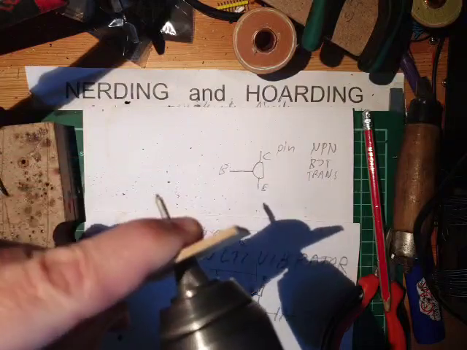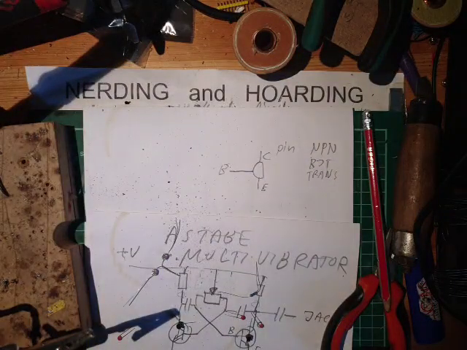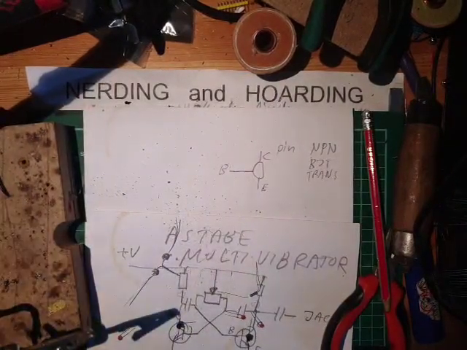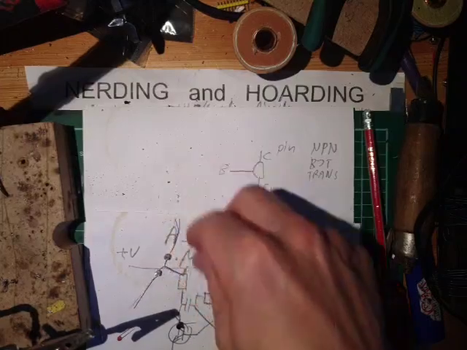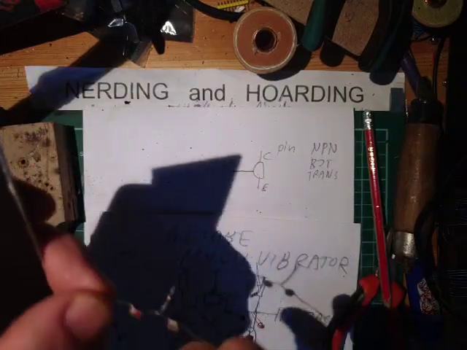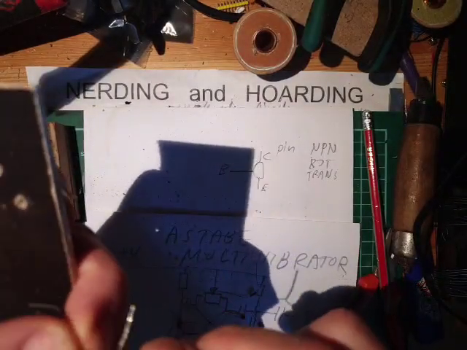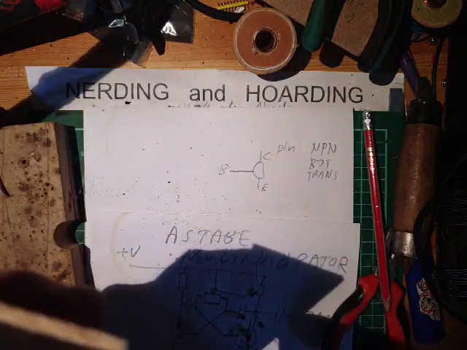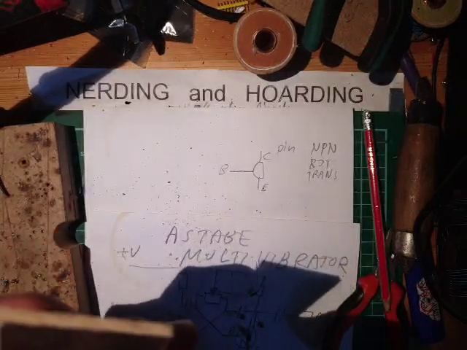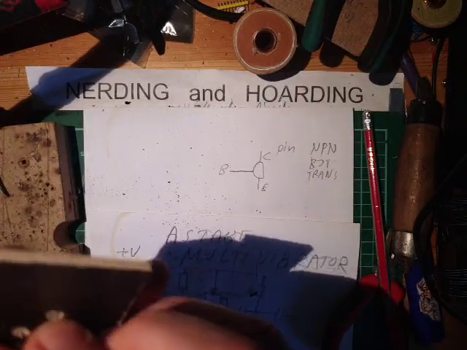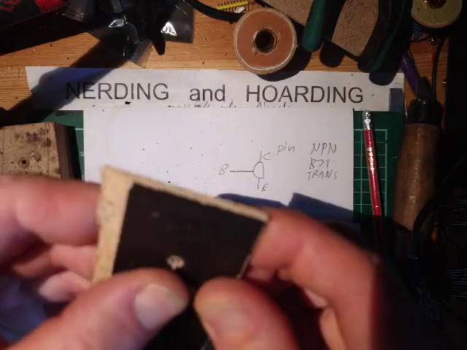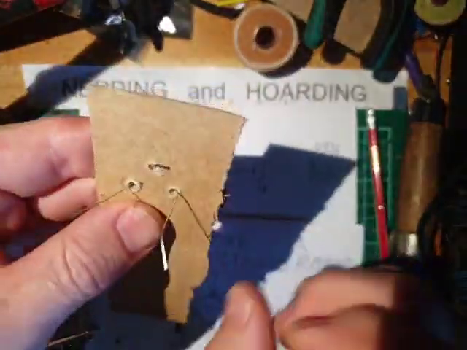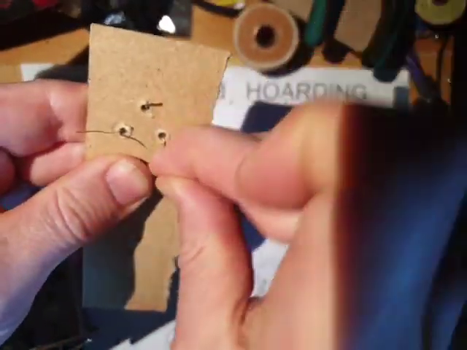Oftentimes, if you look at an assortment of drill bits, the smallest ones are just not there because they got broken off quite early in the process of using them. So like this right here, you see how beautiful that is? It looks exactly like I wanted it.